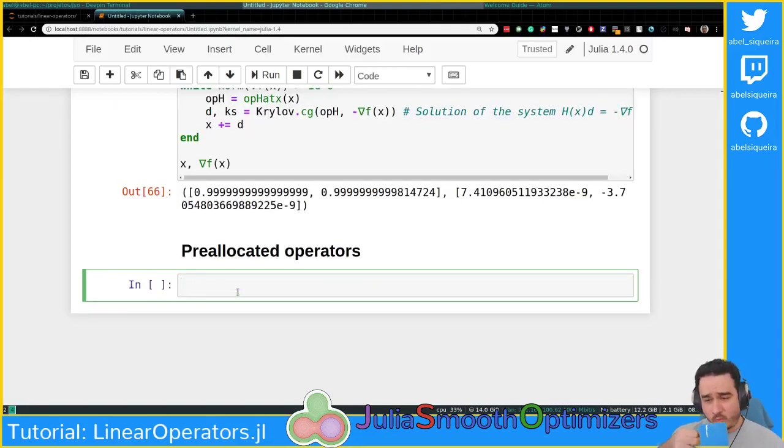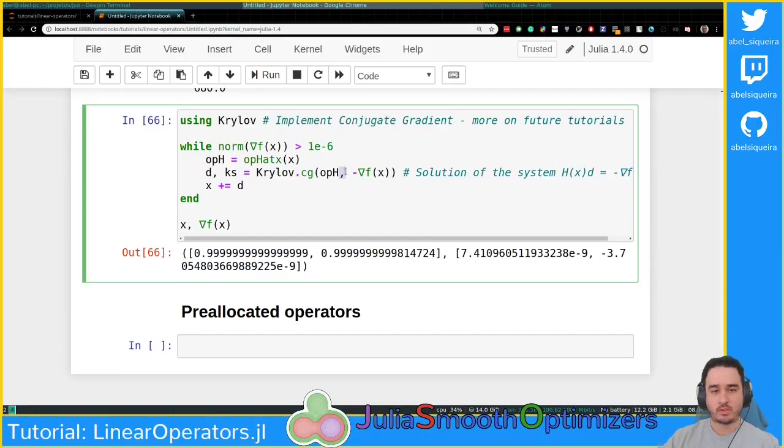So when I compute A times V, this is going to create a new vector that I'm going to use. In a situation like this, if I have an efficient implementation, the resulting vector should be pre-allocated and reused every time.